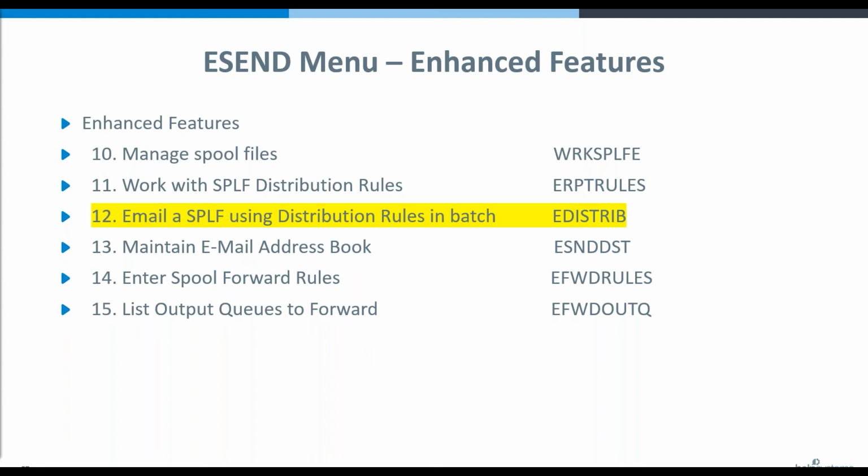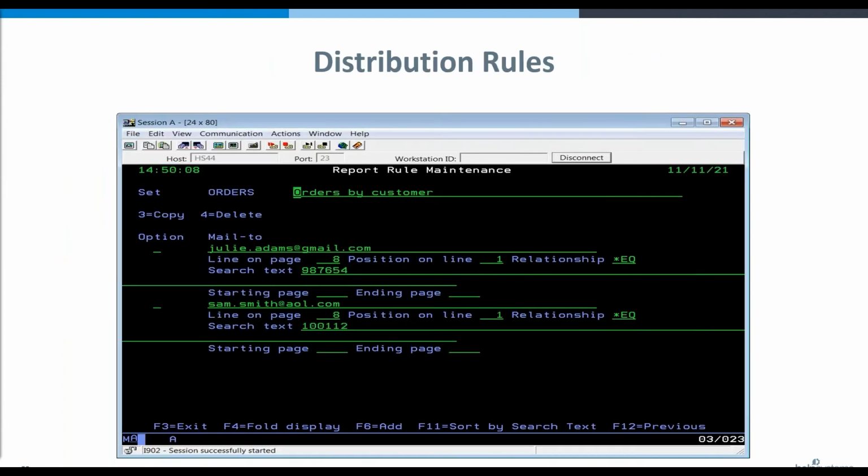What this allows you to do is write a single report that combines the information for all your customers, and then let ESEND search through that spool file, look for customers by a particular number or whatever you specify, and send them the results. So let ESEND do all this bursting for you in one process. Let's take a look at what that looks like.